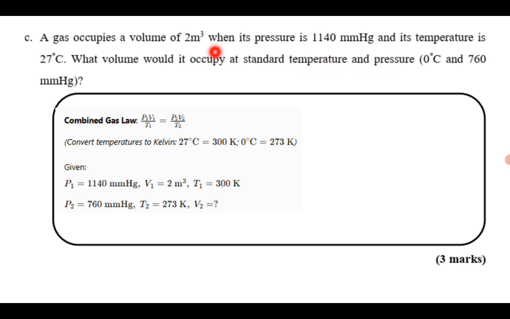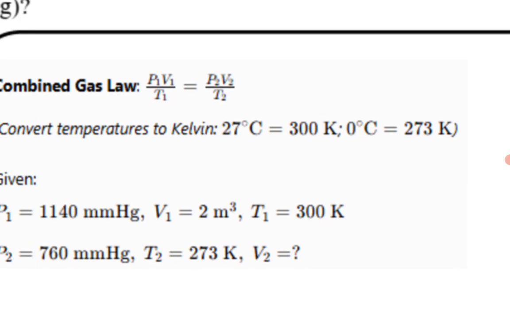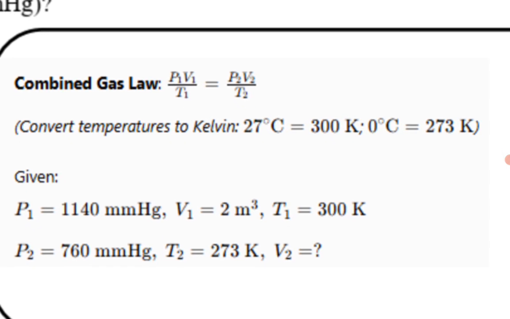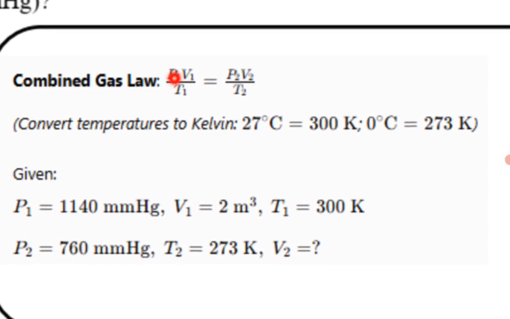Alright, so for the initial conditions, the pressure is 1140 and the volume is 2, while the temperature is 27. Alright, so we use this equation, which is called the combined gas law, used especially when the parameters such as pressure, volume, and temperature are important.